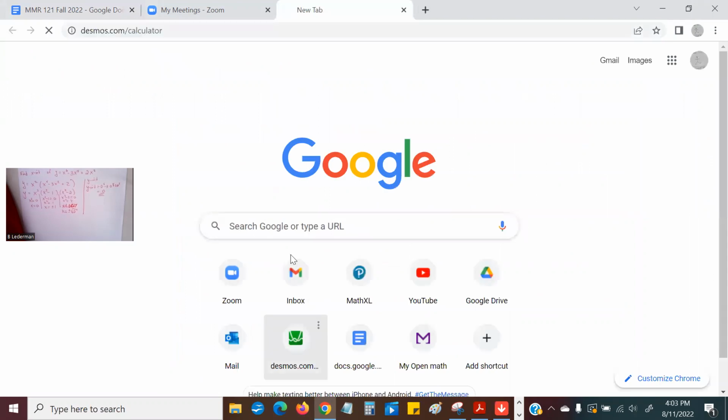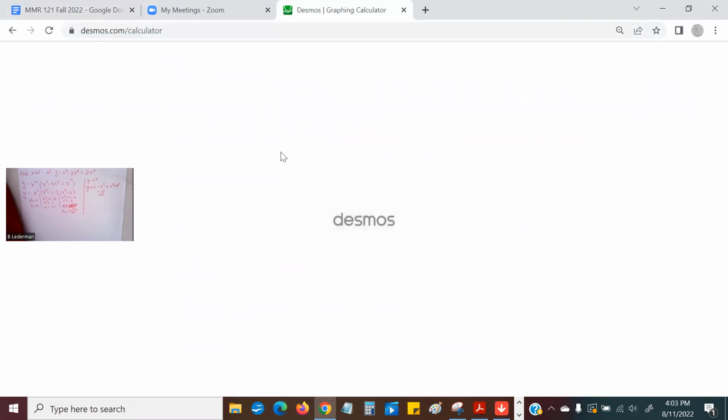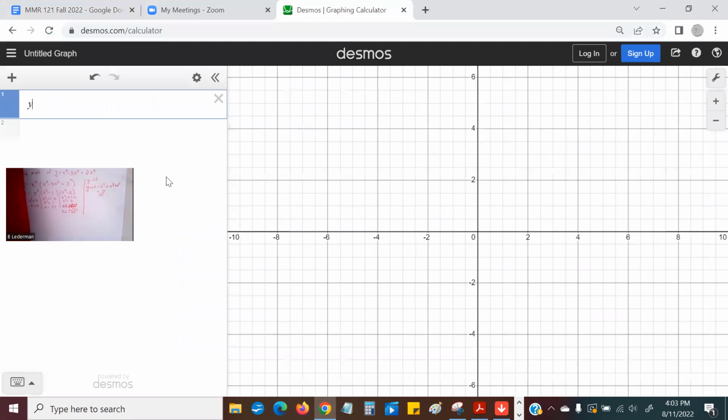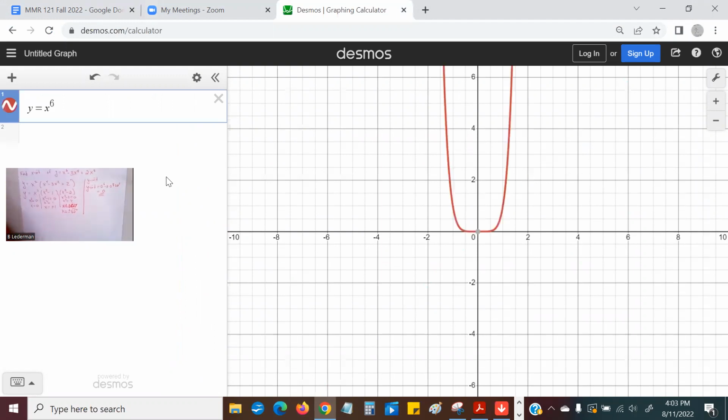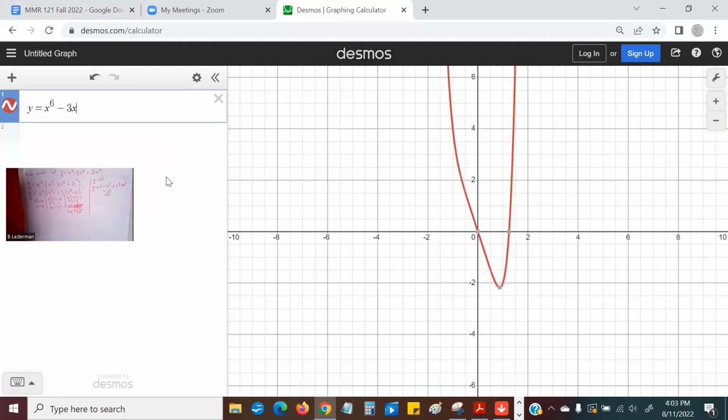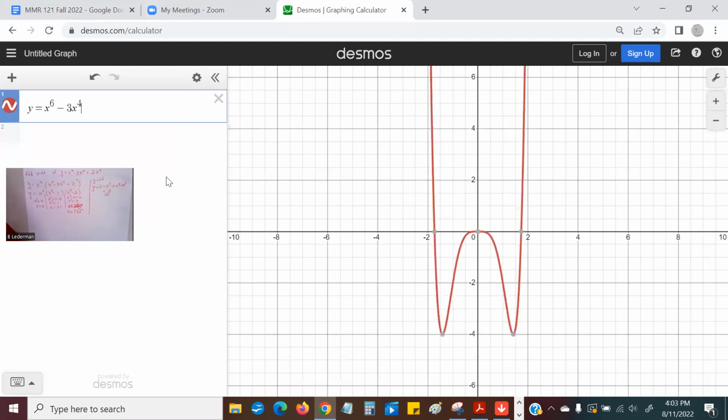Let's just look at Desmos here. So y equals x to the sixth, that was the original, minus 3x to the fourth, plus 2x squared.